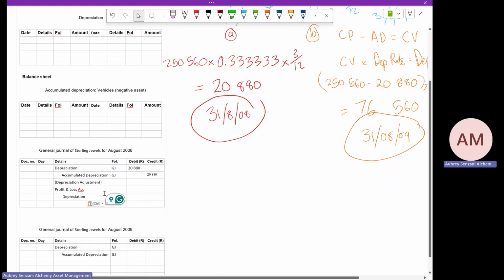We want to credit depreciation because remember we're closing off. Can you see initially we debited, now we're crediting. And we go to general journal there and general journal here. Then here we're debiting 20,880.